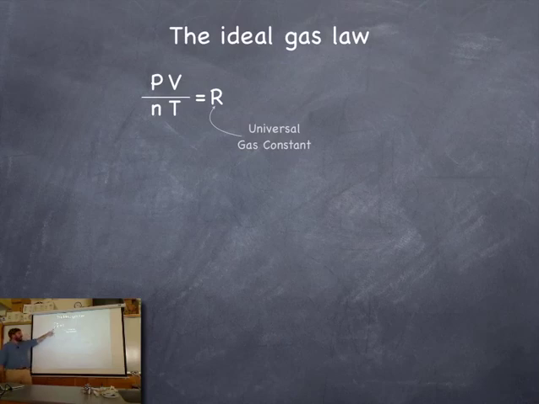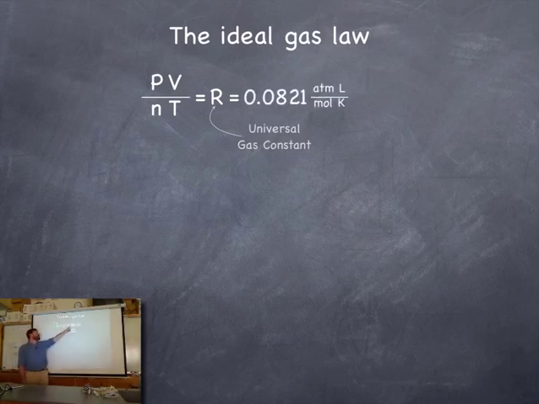That is, the relationship between pressure, volume, moles, and temperature is always equal to the same number, like always in the universe. We call this the universal gas constant, and it's equal to 0.0821 atmosphere liters per mole Kelvin.